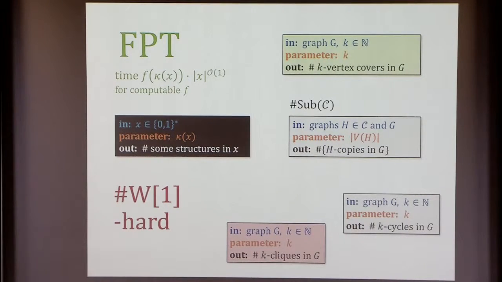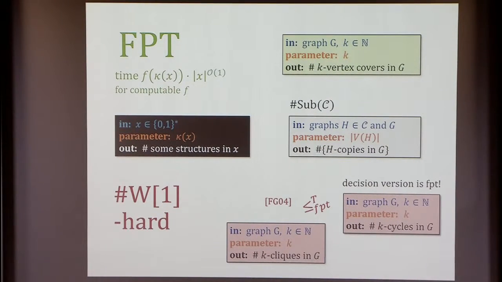But interestingly, you can also see that counting k-cycles is also #W[1]-hard. Flum and Grohe showed a parameterized reduction from counting k-cliques to counting k-cycles. And that's interesting because it is known that deciding whether your graph contains a k-cycle is actually fixed-parameter tractable by a technique called color coding.